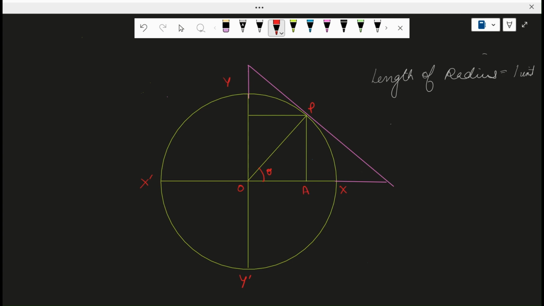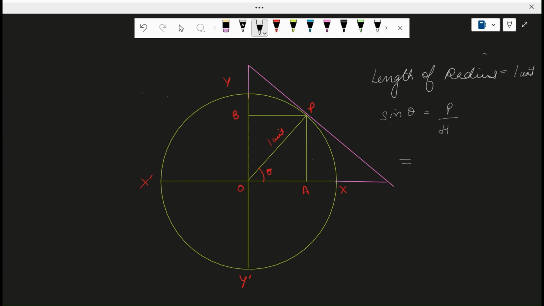Let this point be A, where I have drawn a perpendicular from point P, and let this point be B, where I have drawn a horizontal from point P. Now, if we have to calculate sine theta, we very well know what sine theta is. This will be 1 unit. So sine theta, we very well know, is perpendicular upon hypotenuse.